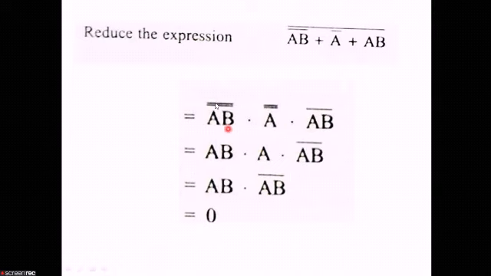Next, A double bar means A dot B. Now here it will be dot A again. A double bar means A and dot of A dot B bar. So again here we will be getting AB dot of A bar, A dot B bar. So it will be 0 here.